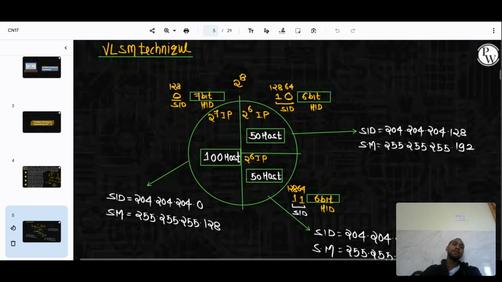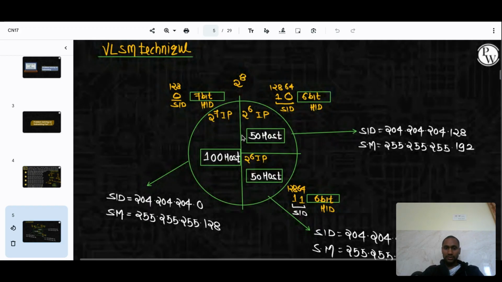Whenever we choose one bit, it is either 0 or 1. That bit is the subnet ID. So 2 to the power 8 divided by 2 gives 2 to the power 7 IP addresses in each part.